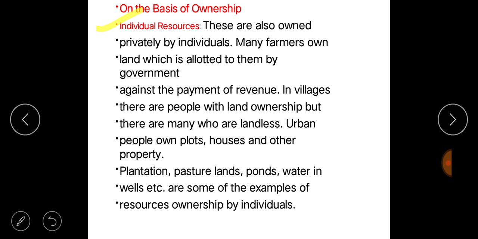Urban people own plots, houses, other property, plantation, pasture land, ponds, water wells. Plots, houses, property are all private property, all individual resources.